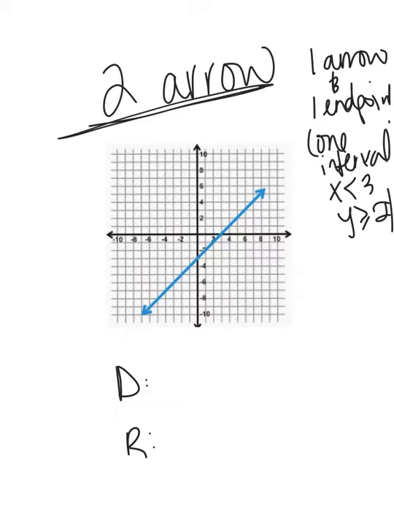So for the domain, looking at a floor and a ceiling, the domain, let's talk about the walls, right? Left and right, the x-axis. So we try to put a wall here and a wall here. It looks like this is at -7, but remember the arrow means it keeps going. So there is going to be no wall on the left side. There's no limit.